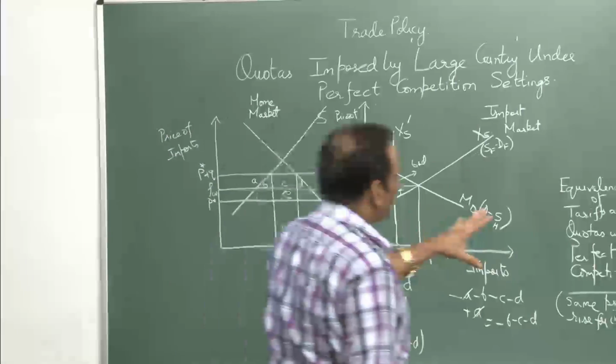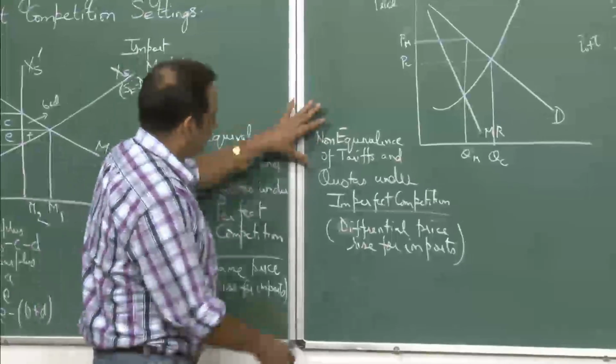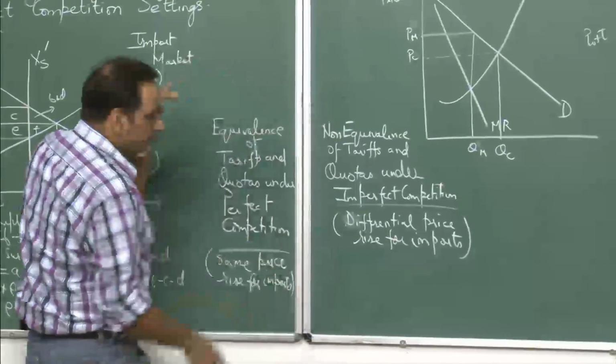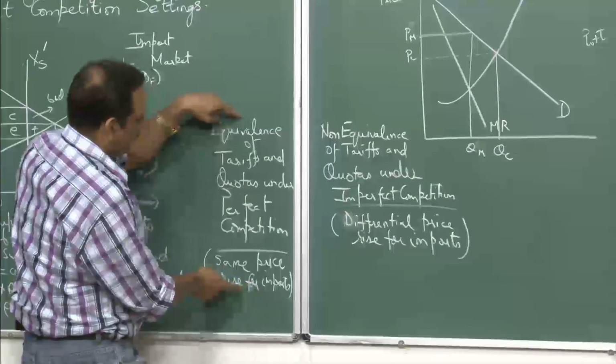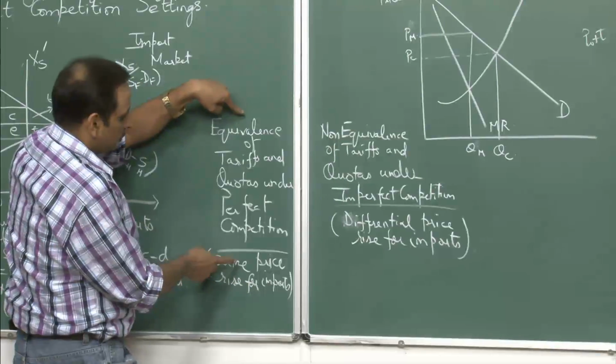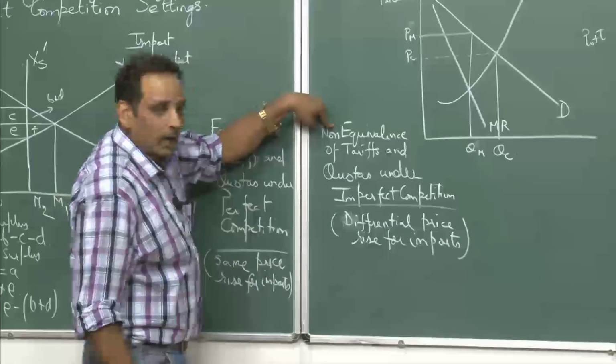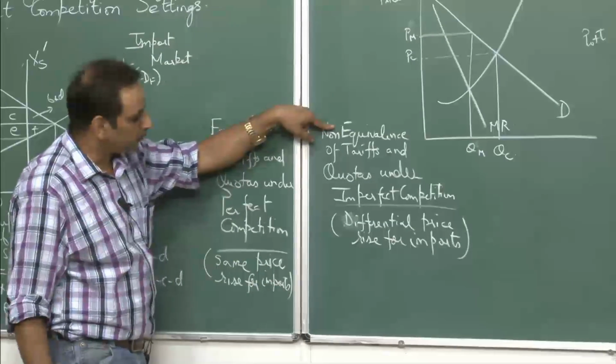So we will come back to this point, but this is the theorem which is proved in International Economics 1: equivalence of tariffs and quotas under perfect competition and non-equivalence of tariffs and quotas under imperfect competition.